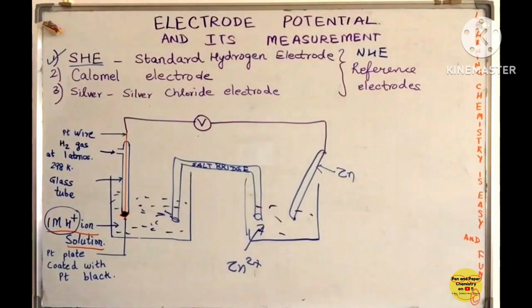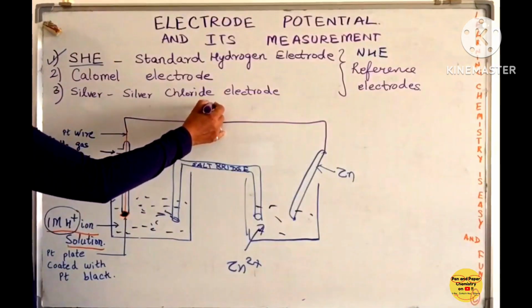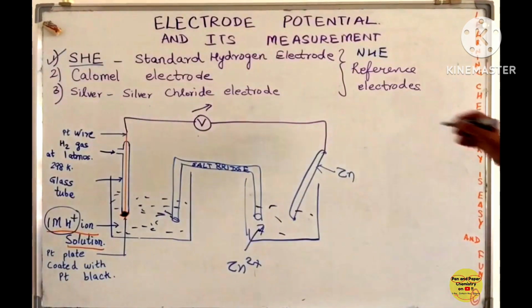And we will also determine what is getting oxidized and what is getting reduced. We notice that current flows from hydrogen to zinc. That means, what is the direction of the flow of electrons?